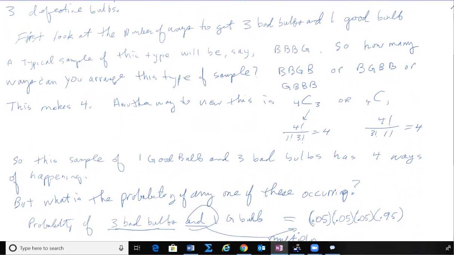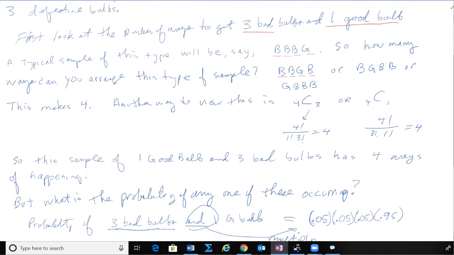So first thing we'll do is look at the number of ways that you could get 3 bad bulbs and 1 good bulb. In other words, a typical arrangement of that bulb sample might be first, second, third, fourth bulbs, like that. That could also have occurred first, second, third, fourth, like that. In other words, the good bulb could have been the 3rd bulb that was pulled out.